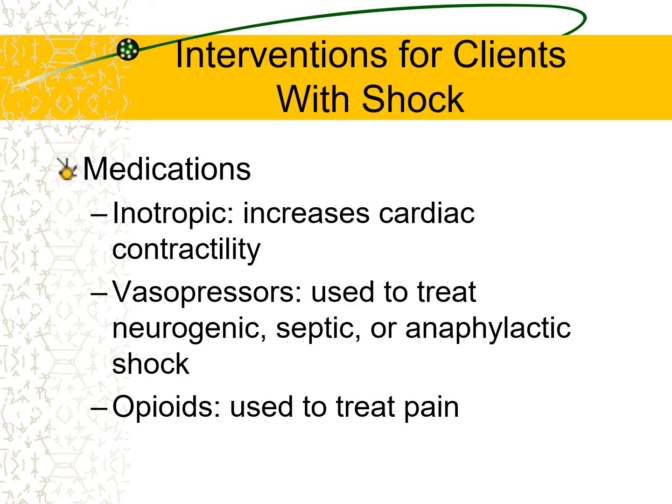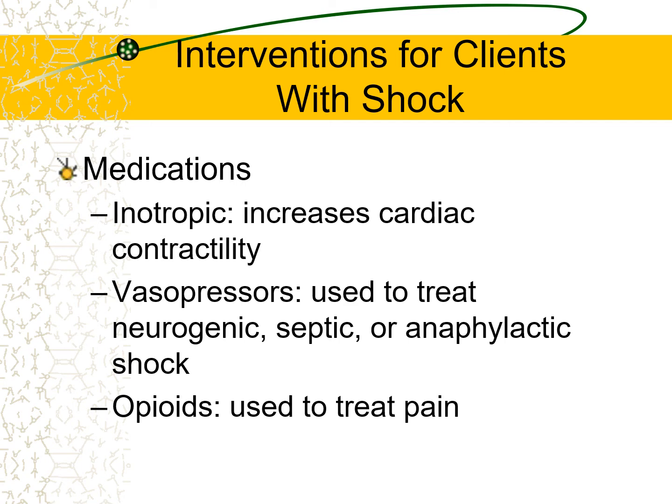Now, inotropic agents, yes, would be great. Vasopressors in general are very good to use when we treat the distributive shocks. Okay, and we said that the distributive shocks include neurogenic, septic, and anaphylactic shock.